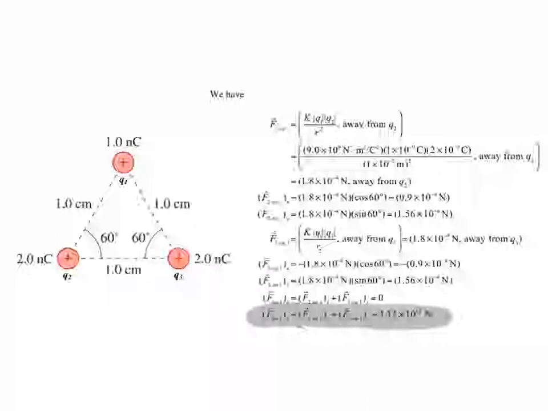And we were in the x direction. Why is it 0? Why is the force on Q1 in the x direction 0? Meaning, charges 2 and 3 will exert a force on charge 1.